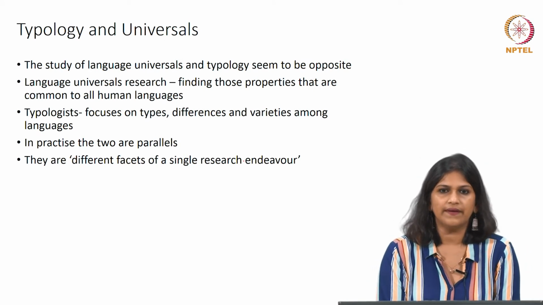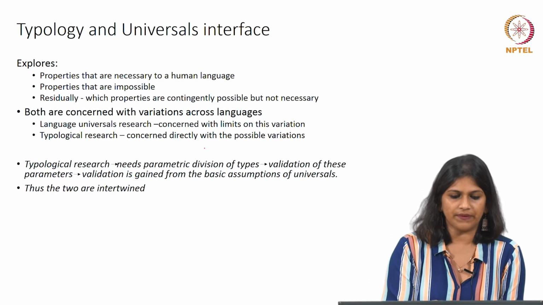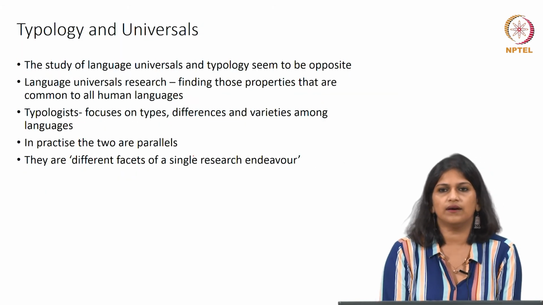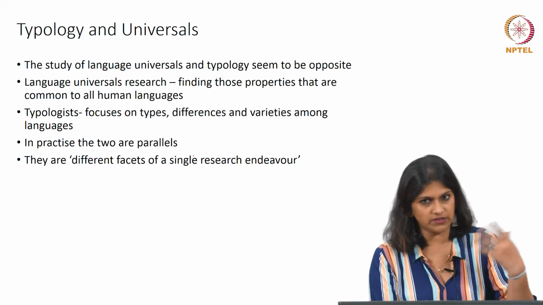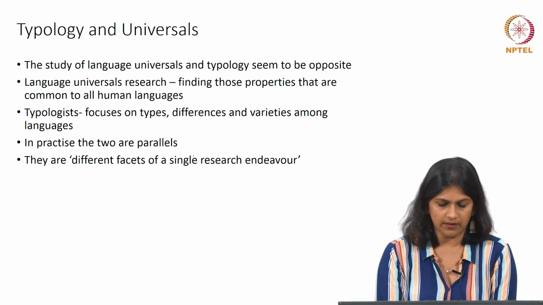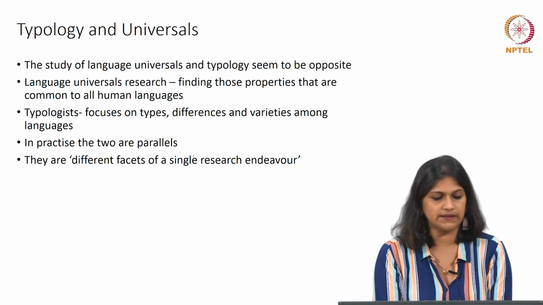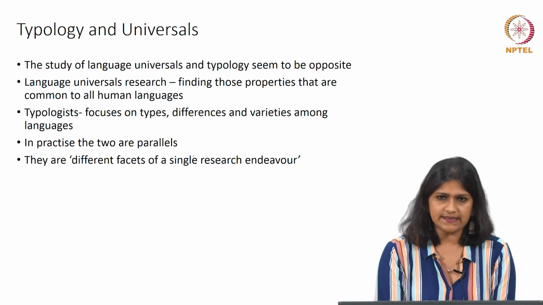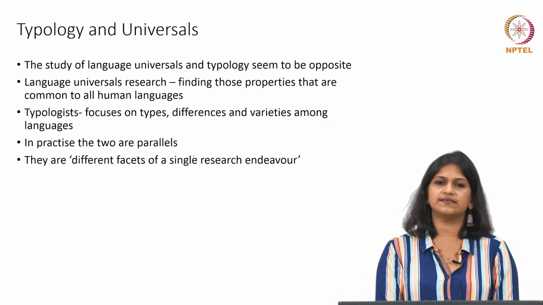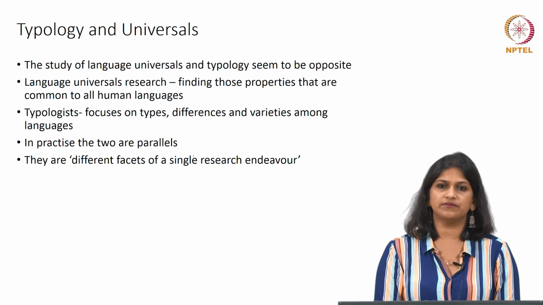Okay. But without giving much importance, or without giving much focus on the divisions for the moment, which eventually we will take up later, implicational versus non-implicational or absolute versus implicational in that sense, let us see whether we can discuss typology and language universals together.